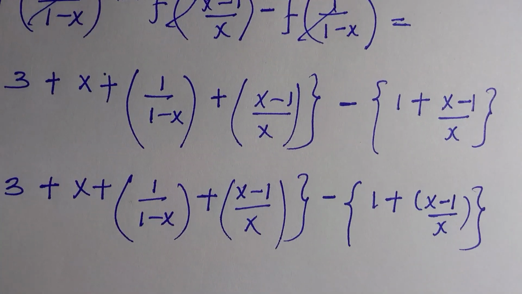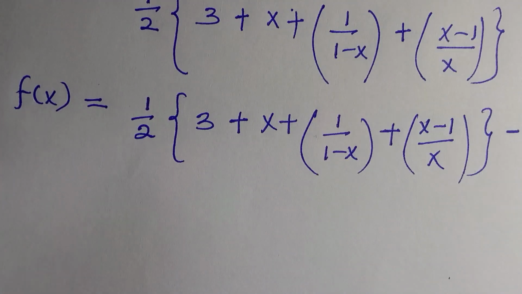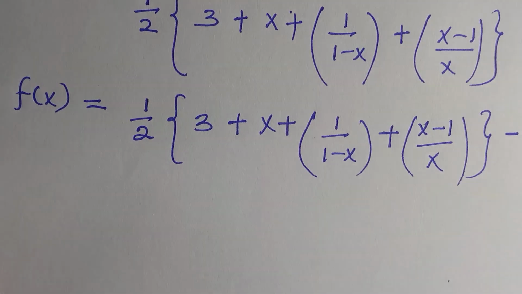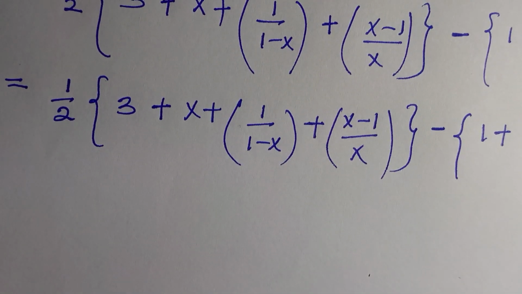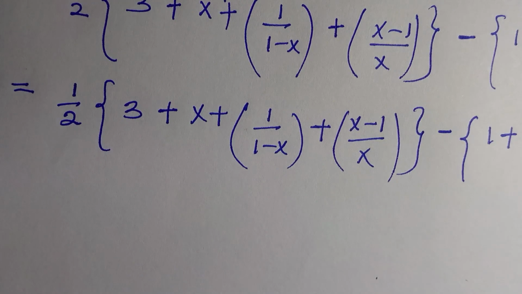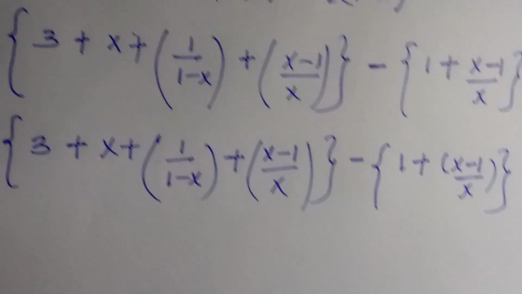And here is the result for f of x. If you like, you can simplify this further, but since we have made only f of x the subject here and nothing attached to it, I hope you like this video, and don't forget the steps I used.